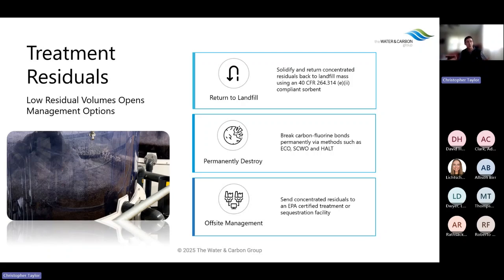So if you say I want destruction and I have 50,000 gallons of leachate to treat, you're not going to do destruction on 50,000 gallons. Your OPEX is going to be way too high. The energy cost is going to be through the roof. You need to bring that volume down, which is exactly what foam fractionation does, right? You bring it down to that 0.1% of Q. So the less volume that you have to destroy, the lower your OPEX. So there really is no circumstance out there where you can do destruction without foam frac.